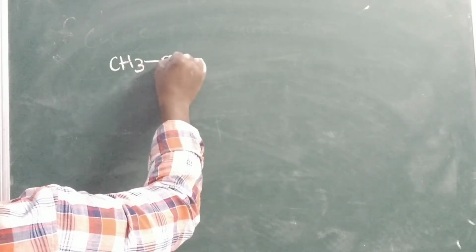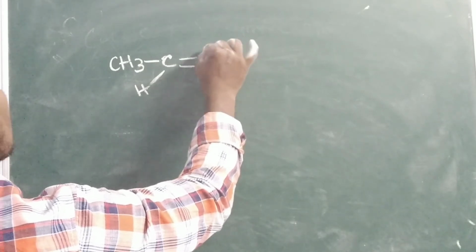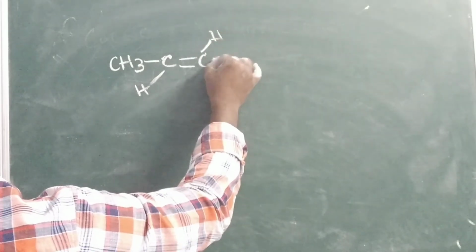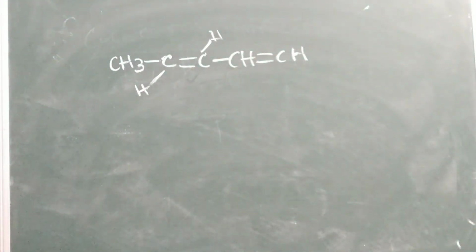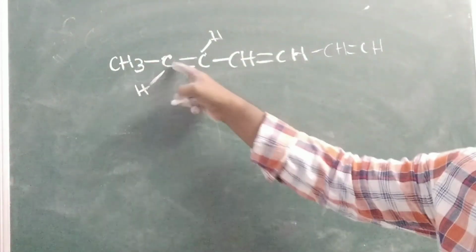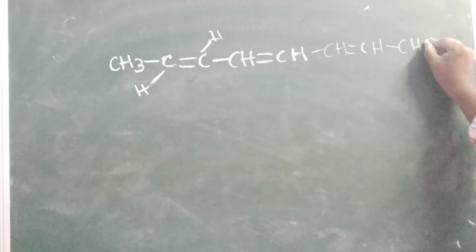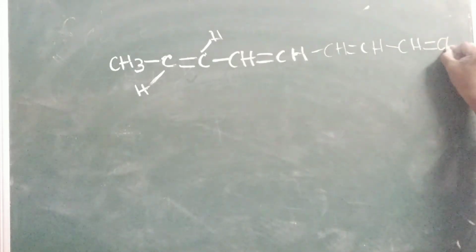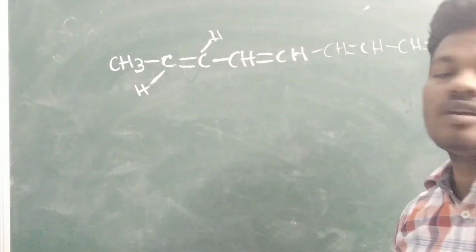So you can see CH3 carbon hydrogen double bond, hydrogen, CH double bond CH, CH double bond CH, 1 2 3 4 5, carbon double bond carbon CH double bond CH2. So how to check geometrical isomerism exhibiting or not?